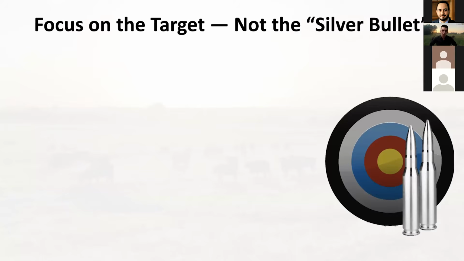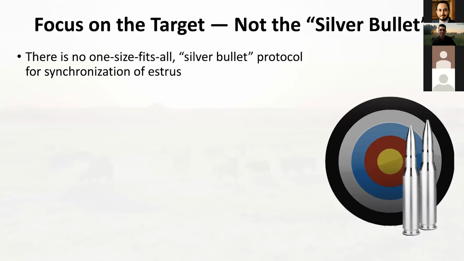So I want to highlight this idea of focusing on the target or the aim of the system, the overall purpose of the operation, and not on synchronization as if it is a silver bullet solution to every problem that you face, because it's not. There's not a one size fits all silver bullet type of protocol for every operation in every context.